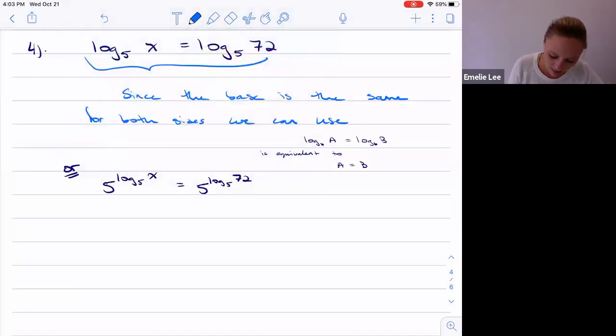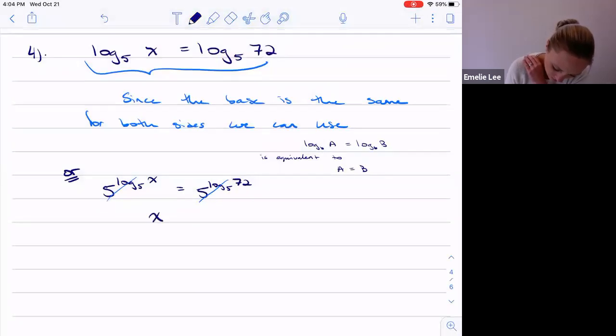Even though I would never cancel like this if I was submitting work, in my mind, that's what I do. They cancel because they're the same base. So either way, x is equal to 72.